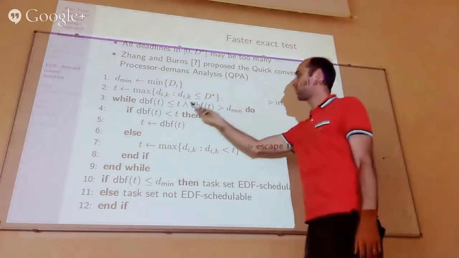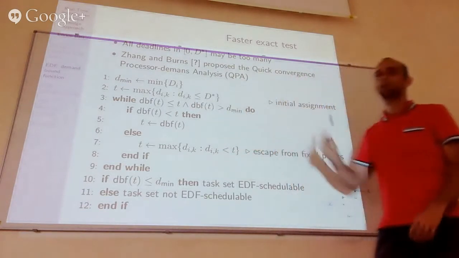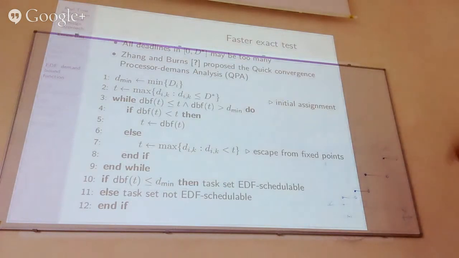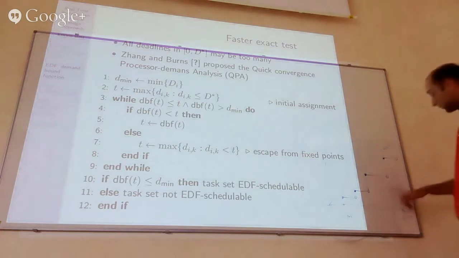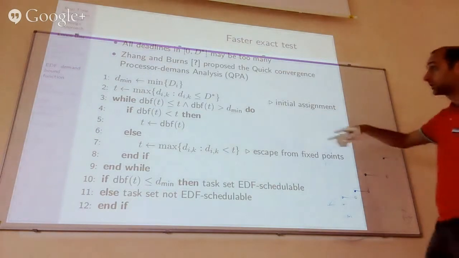Anyway, this is just a stopping condition. Maybe it's T larger than D min or DBF of T larger than something. Anyway, it's a stopping condition for the while loop. Of course, if the DBF here is larger, then we are out. We are not schedulable. So we check, and we go in.